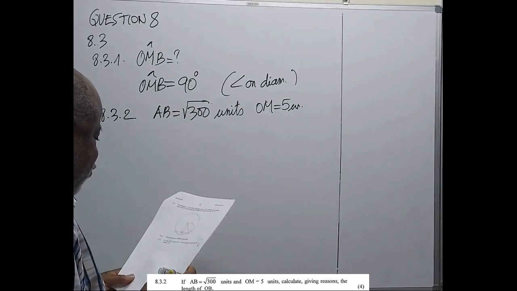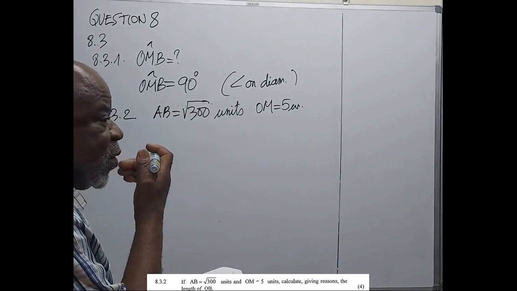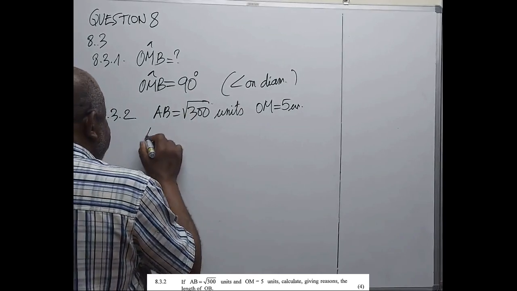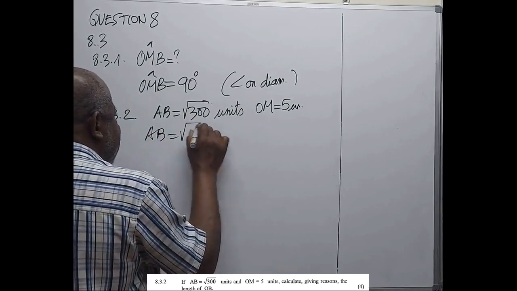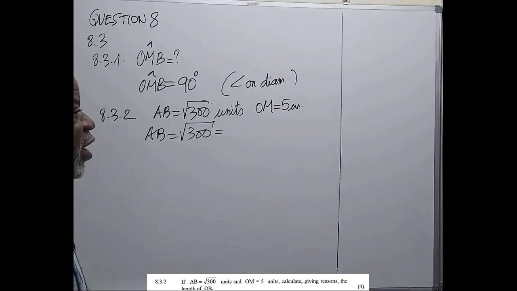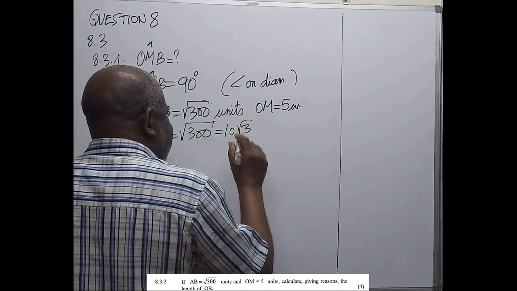In order for us to get the length of OB, we're going to think about Pythagoras. So let's start by saying AB is equal to square root of 300. 300 is 100 times 3. So we'll get 10 square root of 3.